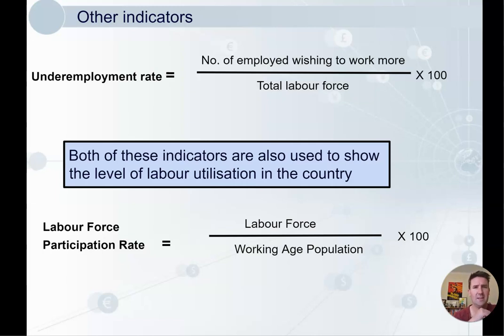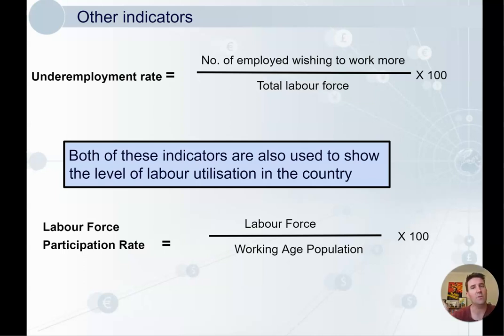Okay, and there are just a couple of other indicators which we tend to look at as well. So we're going to introduce you to them very briefly so you get them into your notes. We have what's called the underemployment rate. So that's the number of employed people wishing to work more. So they might be a part-time worker working 15 hours a week, but they're trying to support a family.